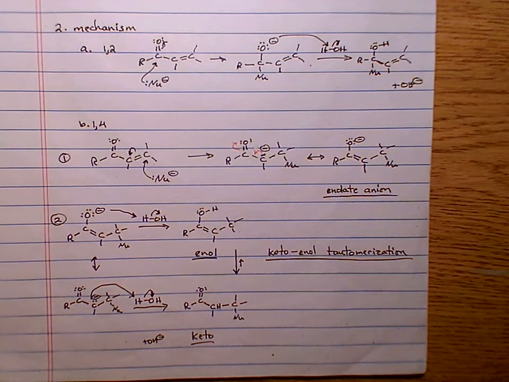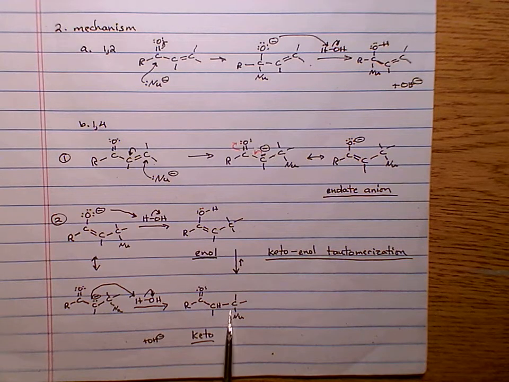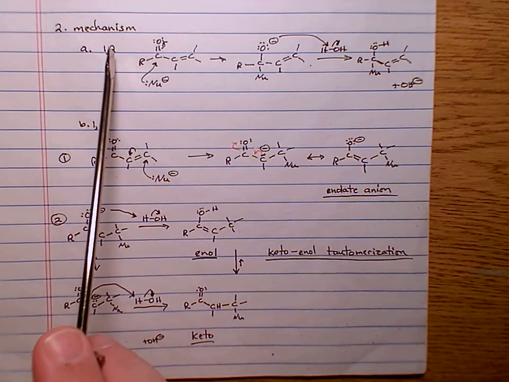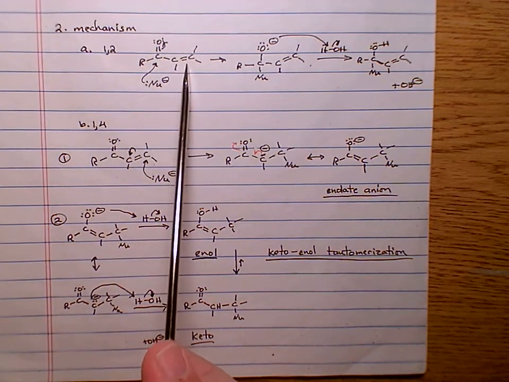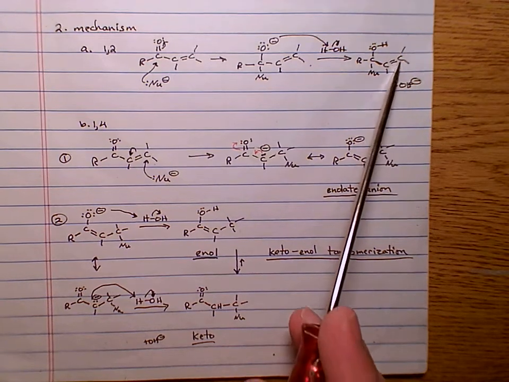Okay, let us review. After 1,4 addition, the double bond to the oxygen remains. The double bond between the two carbons is gone, and the nucleophile is on the beta carbon. With 1,2 addition, the double bond between alpha and beta stays.